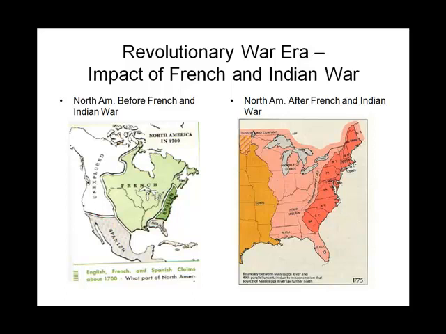In North America, what is also going to happen is that in order to govern this new territory and to suppress rebellions among Native Americans on the frontier, the English are going to draw a line called the Proclamation Line of 1763, and they're going to tell the colonists, American colonists, that they cannot go beyond this line.